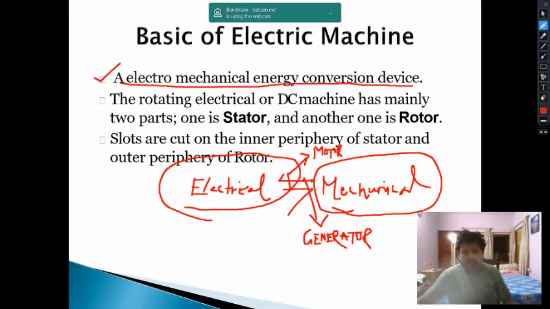So there are two possible modes of operation. One is the generator and the other is the motor. And when the supply is DC, it is known as a DC generator, and in case of a motor it is a DC motor.